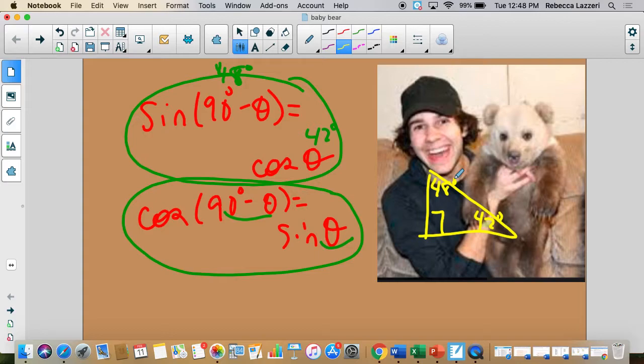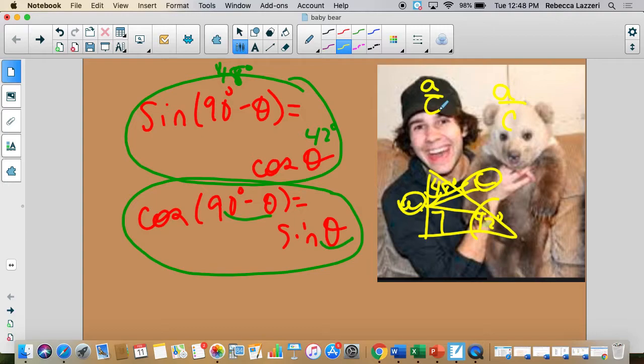The sine of 42 is opposite over hypotenuse, and the cosine of 48 is adjacent over hypotenuse. Both times you're putting A over C. It's always nice to at least know why it works, even if you don't have to reproduce it. It always helped me in school to know why things work.